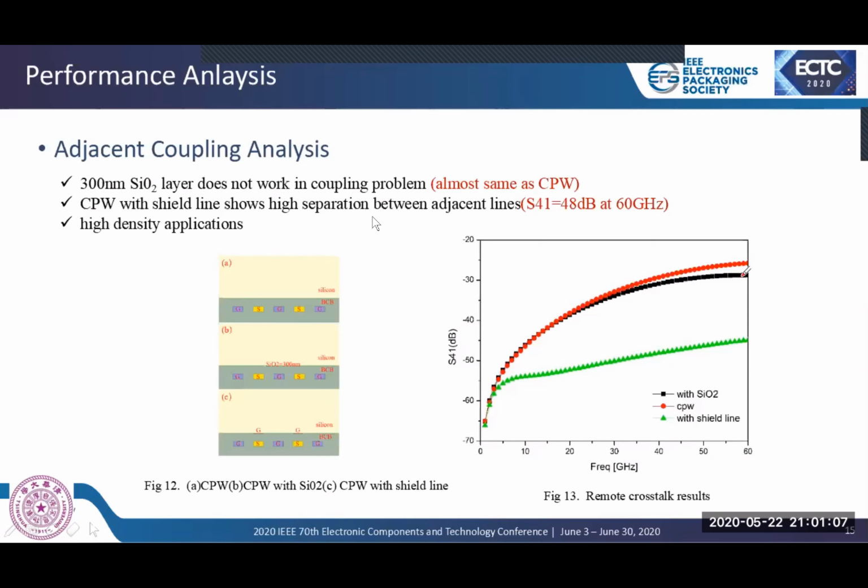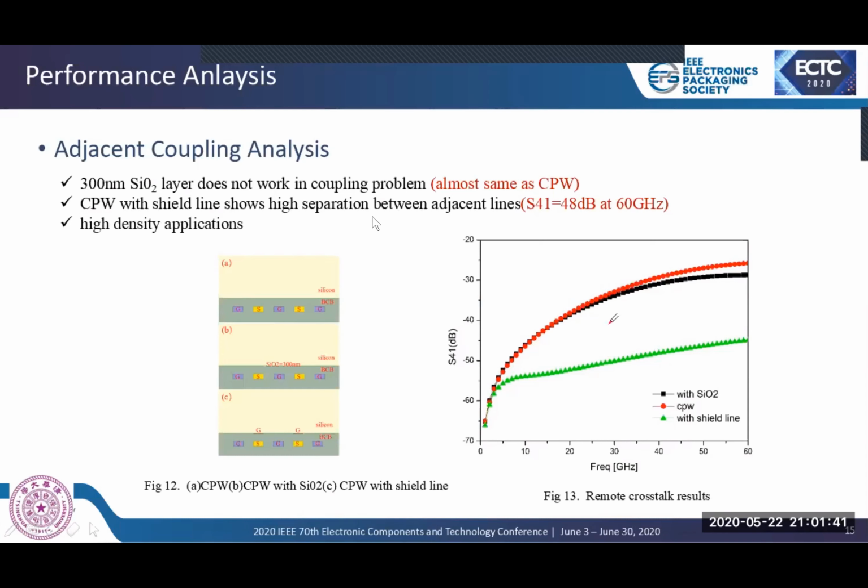The black square curve, coplanar waveguide with silicon dioxide, almost coincides with it. We can conclude that though previous research has shown that silicon dioxide as an isolation layer can reduce the loss of silicon substrate, it seems unhelpful for adjacent coupling.